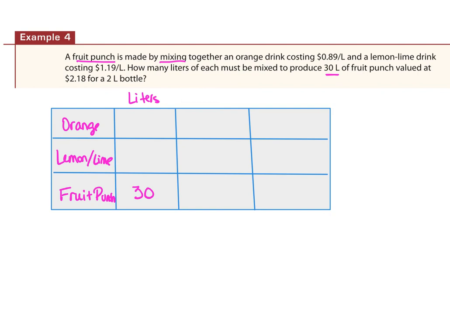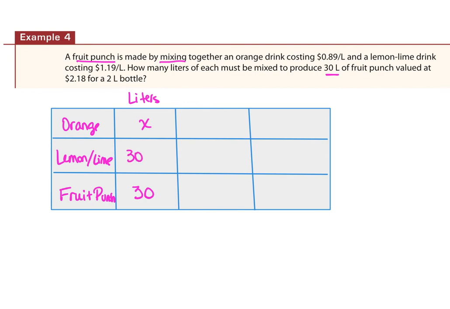Do I know how much orange drink I'm going to have? No. So I'm just going to put a variable there. But if I know the total is 30, then the orange plus the lemon lime should equal 30. So how would I back into how much lemon lime I have? Well, I could subtract out how much orange I have. 30 minus how much orange I have should equal how much lemon lime I have. And that's what you're going to do.